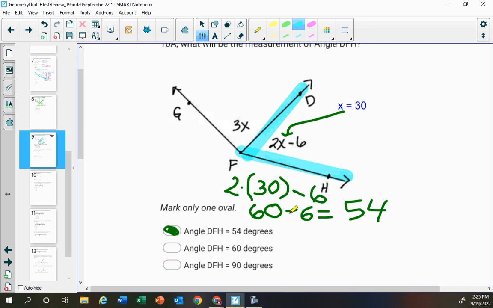Just making sure we're writing all this down. The next one we're going to talk about is actually much more tricky than we think. Because then we're going to be dealing with the angle bisectors. You got that one?